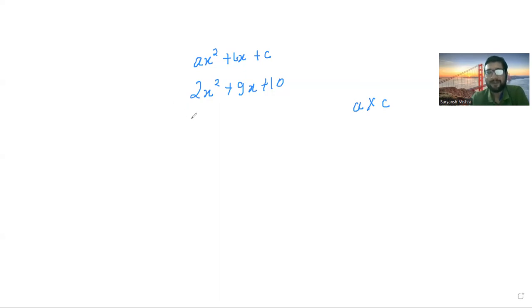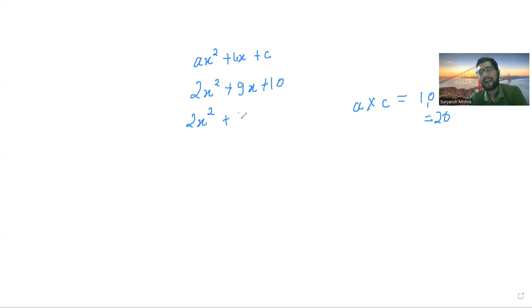Now I'm going to show you how. So if we look at the product of a and c, that is going to give us 10 times 2, which is 20. Now 20 is the number we have to look at, and we should split b in such a way that, while we are breaking it into parts, it gives us a sum of 9, which is b, and a product equal to a times c.